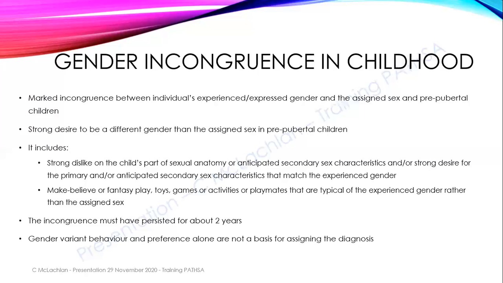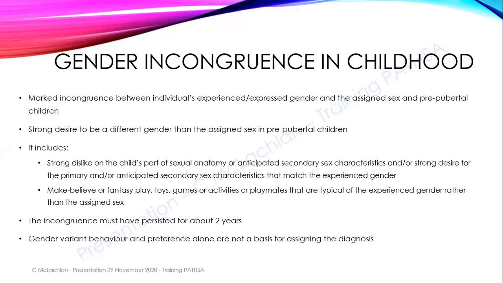Again, that incongruence that they're speaking about is obviously pre-pubertal: a strong desire to be a different gender, and it includes a strong dislike of their sexual anatomy. Again, the strong desire for secondary and primary characteristics of the experienced gender, and then also make-believe or fantasy play, toys, games, or activities or playmates that are typical of the experienced gender rather than the assigned sex.